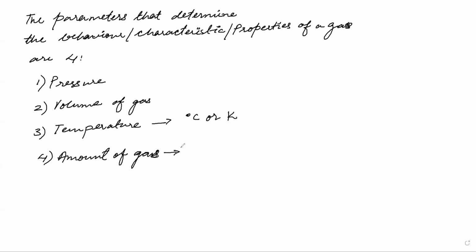For amount of gas, there is only one thing that we can use: mole. Pressure has many units: atm, then bar, then pascal, then mm of Hg, then also torr.